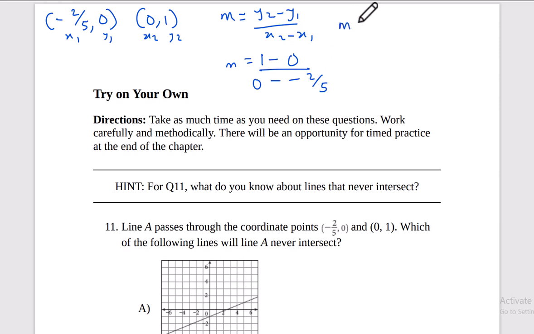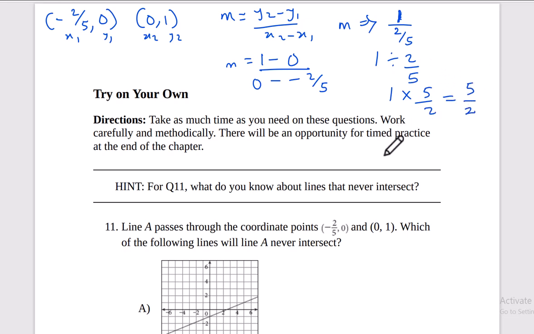My slope will become 1 minus 0, which is just 1, over, minus a negative turns to positive, so all over 2 over 5. That is the same thing as 1 divided by 2 over 5. So 1 times 5 over 2. When you have a fraction dividing, you simplify it like this. So then we are left with 5 over 2.